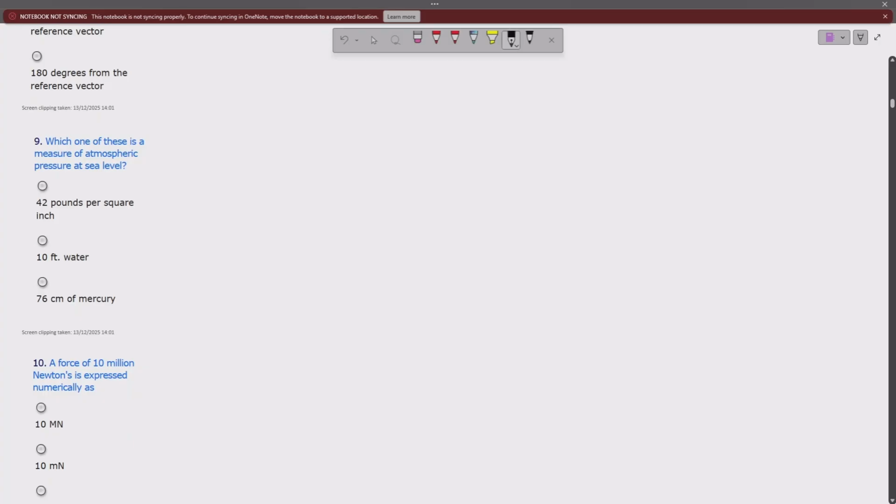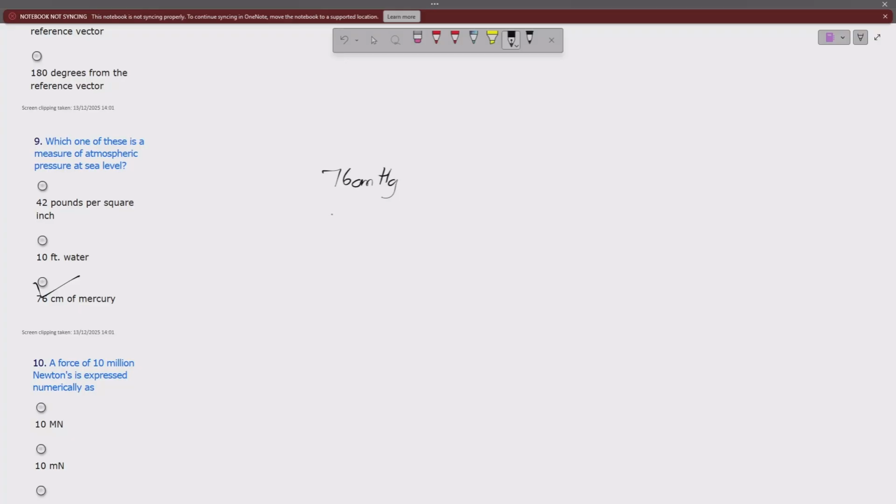Question 9. Which one of these is a measure of atmospheric pressure at sea level? That is 76 centimeters of mercury. Sometimes it will give you different figures. So usually we have 76 centimeters of mercury, Hg.